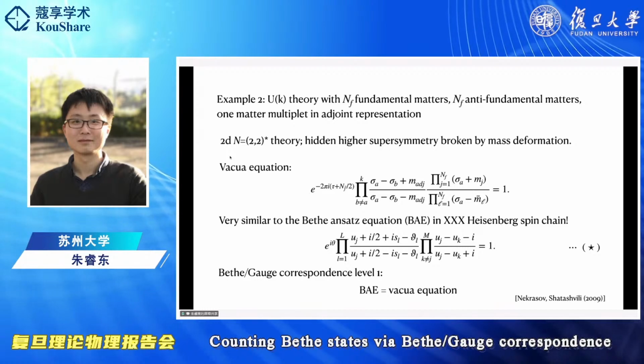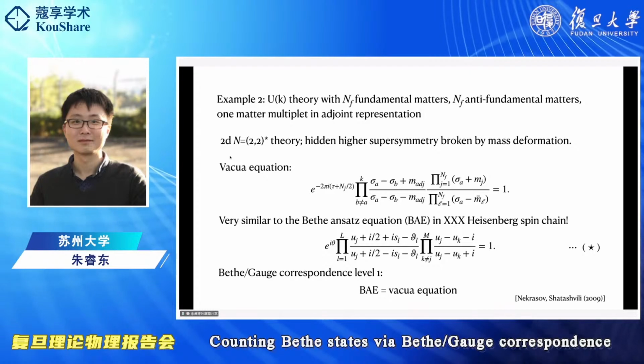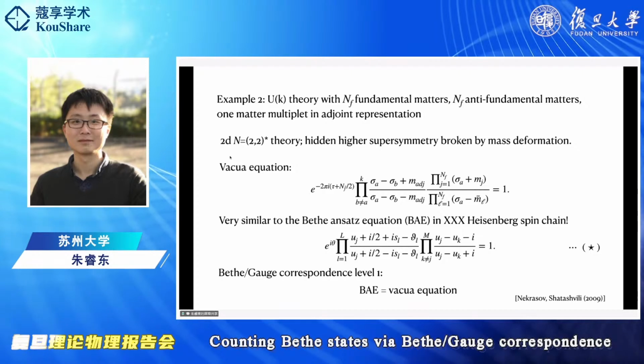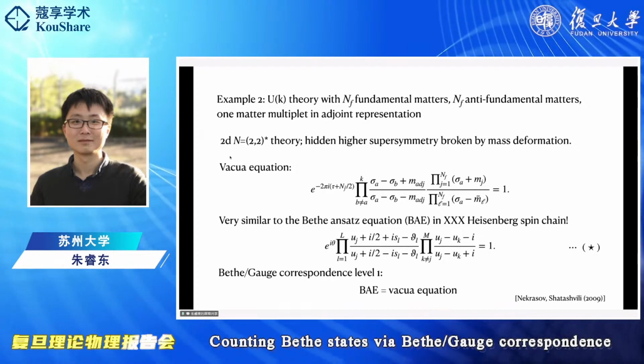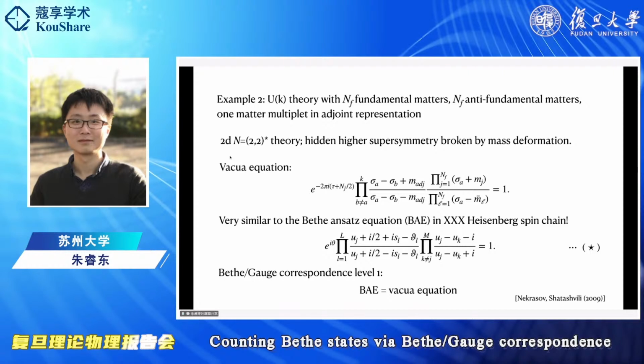The adjoint representation gives a contribution like this: we have sigma_A minus sigma_B in the vacuum equation. So now it's a highly non-trivial equation. We have a coupling of different sigmas in the equation. And the most interesting thing people observed is that this equation looks very, very similar to the Bethe equation.